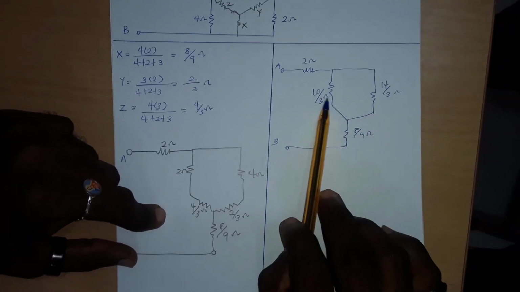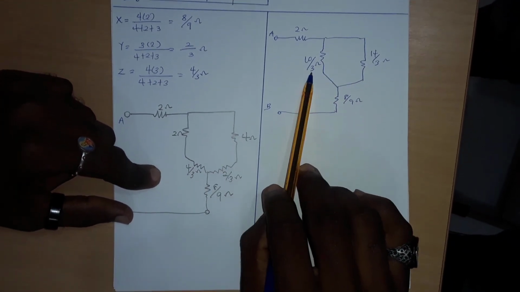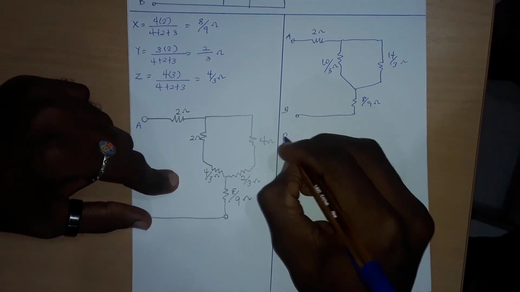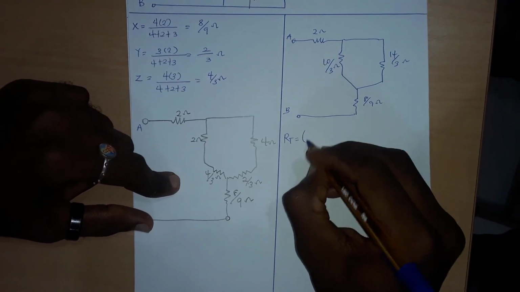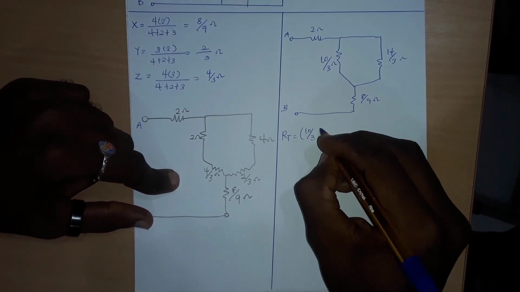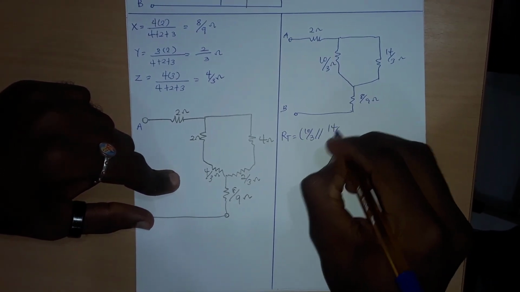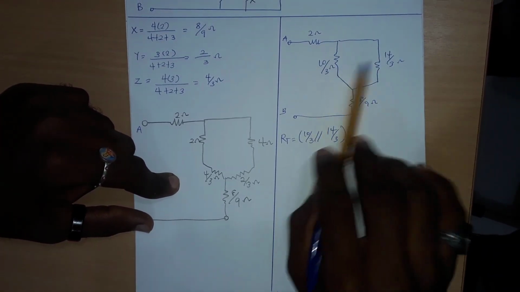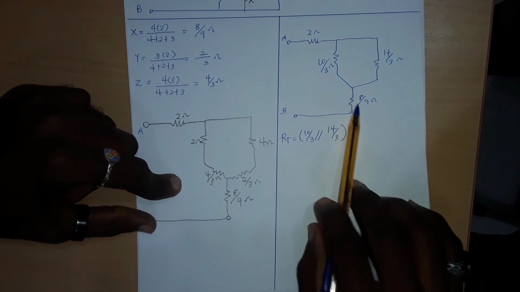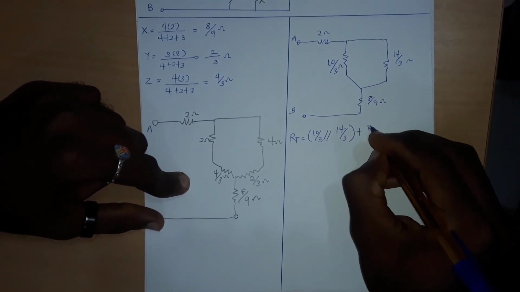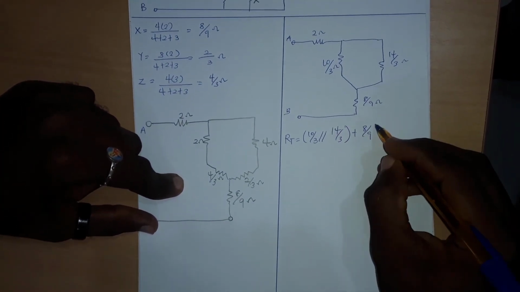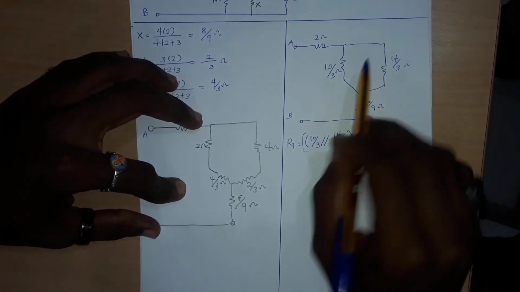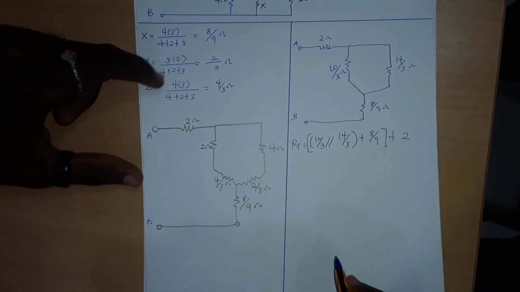So from here we can see that this 10 on 3 ohm is in parallel with this 14 on 3. So for our total resistance, we can say that 10 on 3 is in parallel with 14 on 3, and the parallel combination of this and this will be in series with the 8 on 9, and they will all be in series with this 2 ohm over here.